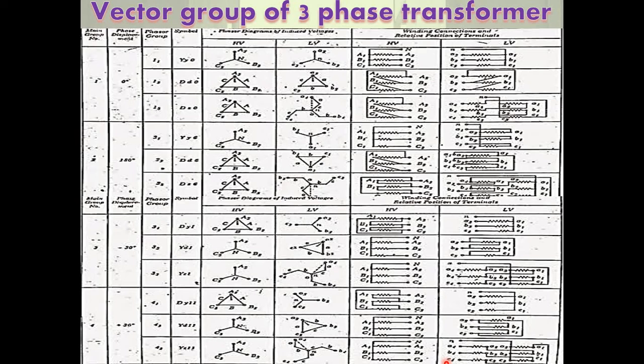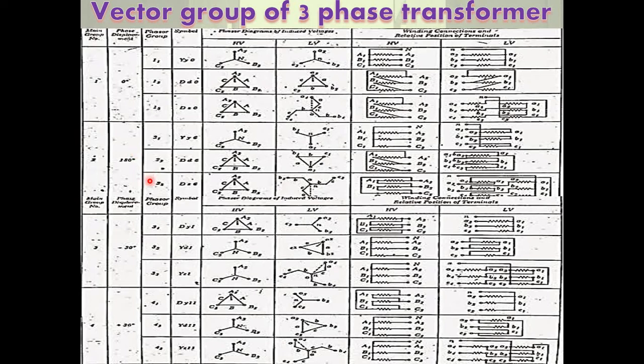So transformers are classified into four vector groups, 1, 2, 3 and 4, depending upon phase displacement. In group number 1, phase displacement is 0 and the connections are Yy0, meaning star star 0, capital Y small y 0, Dd0, Dz0. In group number 2, 180 degree: Yy6, Dd6, Dz6.